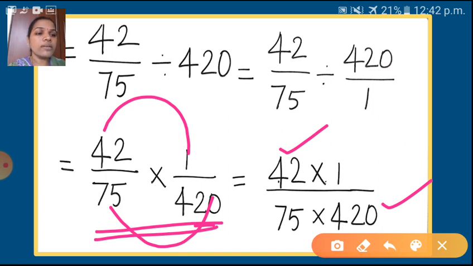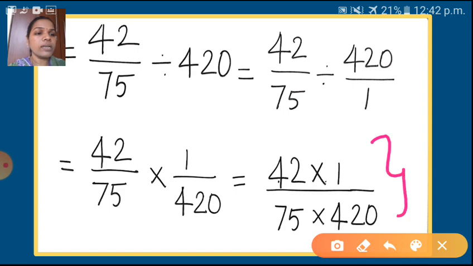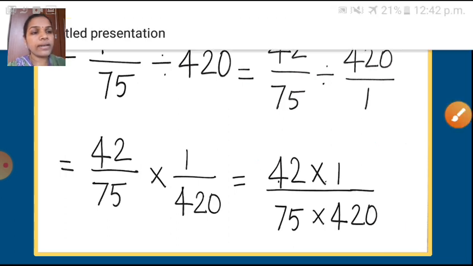Okay, so here children, as I told, in the numerator and denominator, if any common factor is there, with the help of the common factor we can cancel the numbers, isn't it? I told in the last session. So here 42 and 420, 42 is a common factor, so we can cancel these numbers. See here, next slide.